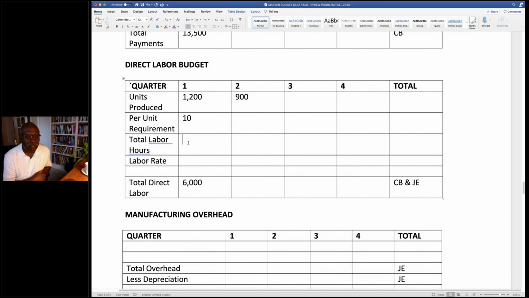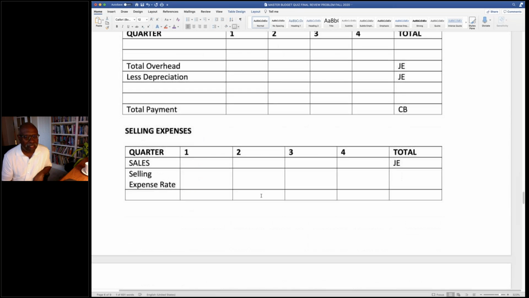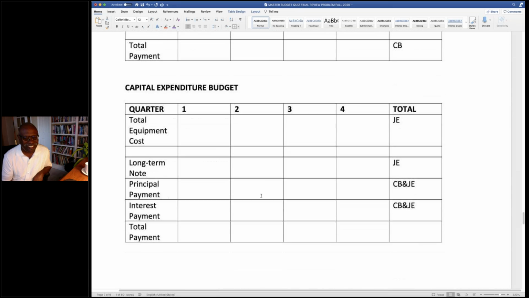That's supposed to be 120. Sounds better. Labor rate $50 an hour. Direct labor hours, 6,000. We gotta put that in the cash budget. Crazy way y'all getting to 6,000.